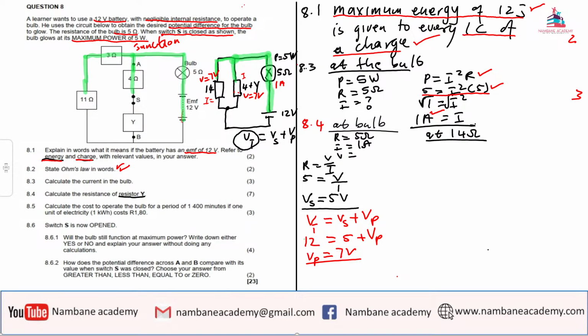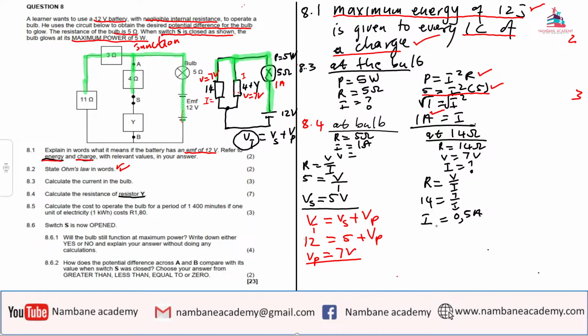Hence, I always refer to where you are in the circuit. So at 14 ohm, what do we have? We have 14 ohm. Do we have V? Yes, it is 7V. Can we calculate the current passing there? Yes, we can. We use R equals V over I, which is 14 equals 7 divided by current. And the current passing there is 0.5 amperes.